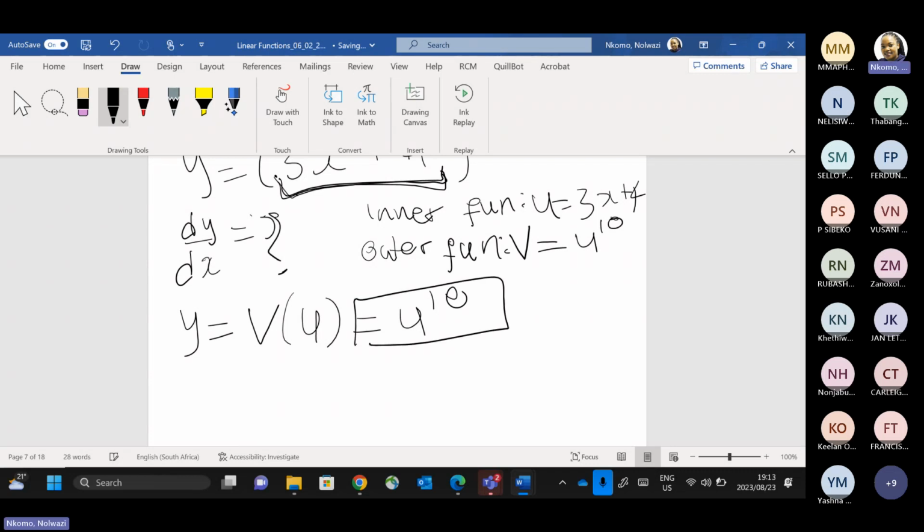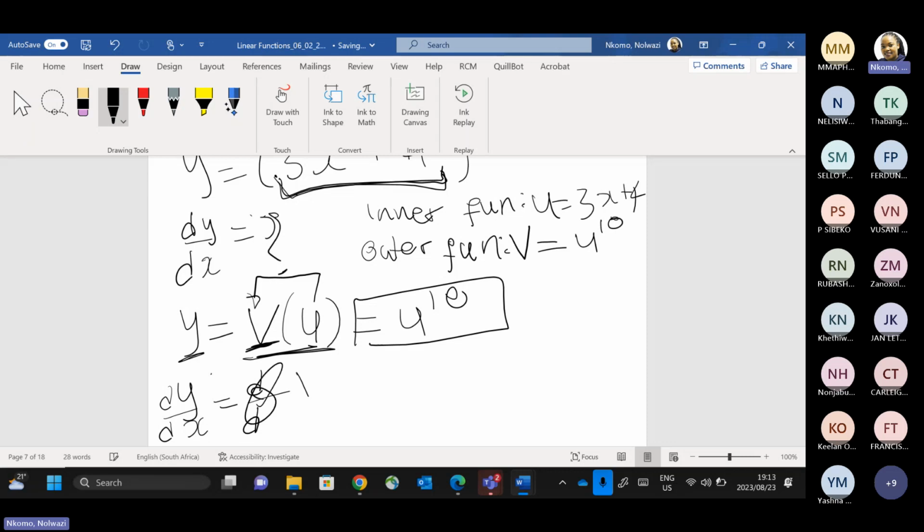If we have a function like this, an inner function and an outer function, the derivative dy over dx would be the derivative of the outer function.